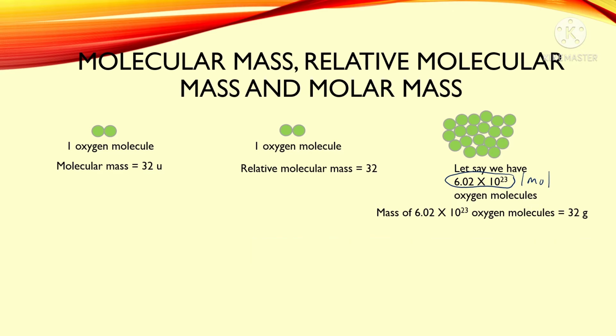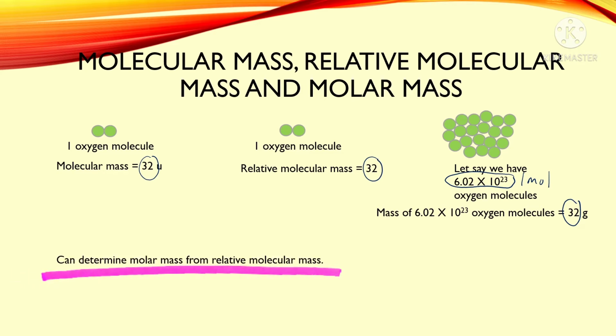From the molecular mass, relative molecular mass, and molar mass of oxygen, we can see that all of them have the same numerical value. Therefore, we can conclude that if we want to determine the molar mass of a substance in terms of molecules, we can get it from its relative molecular mass.